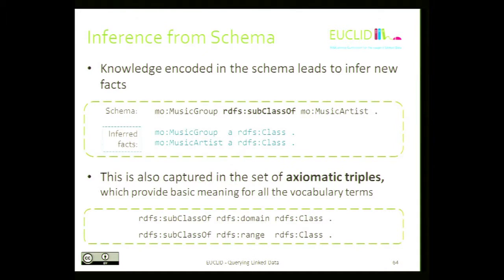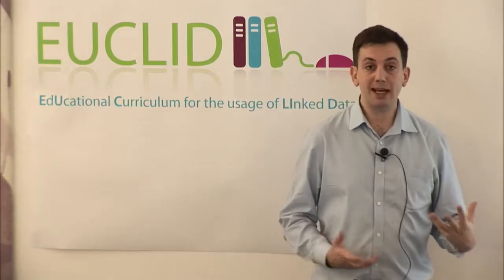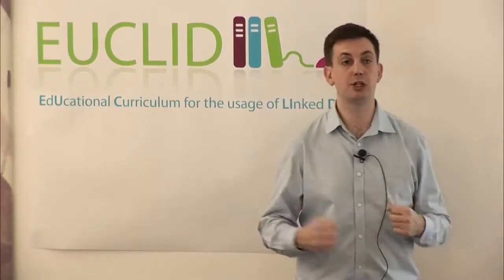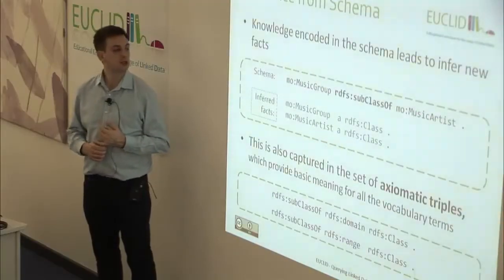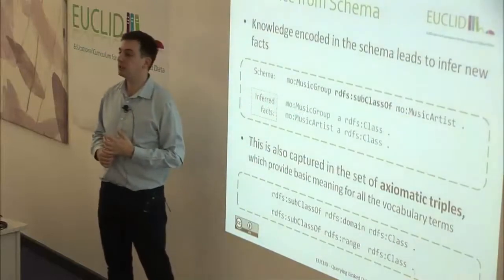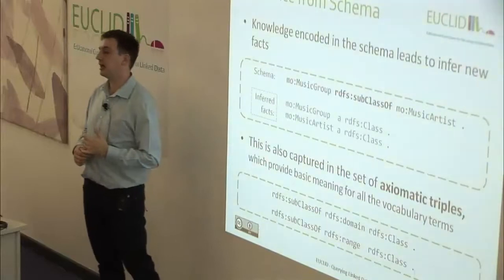When we make schema statements like that, like music group subclass of music artist, there are also some inferences that apply even without any instances of those classes, even without any resources that are related through those properties. So for instance, if we say music group is a subclass of music artist, we can infer that music group is a class and music artist is a class.